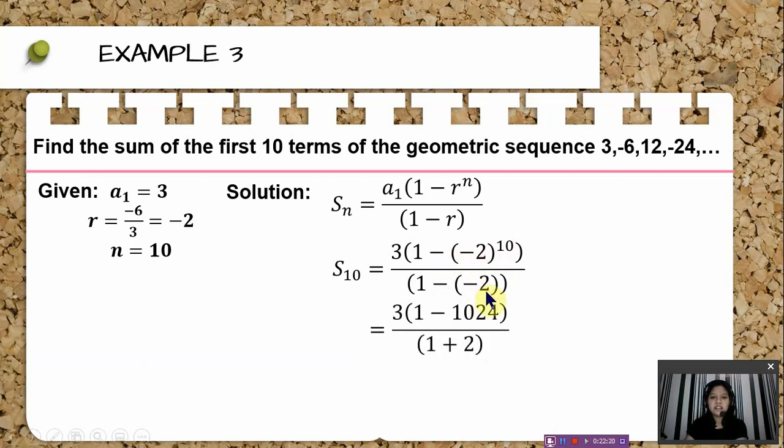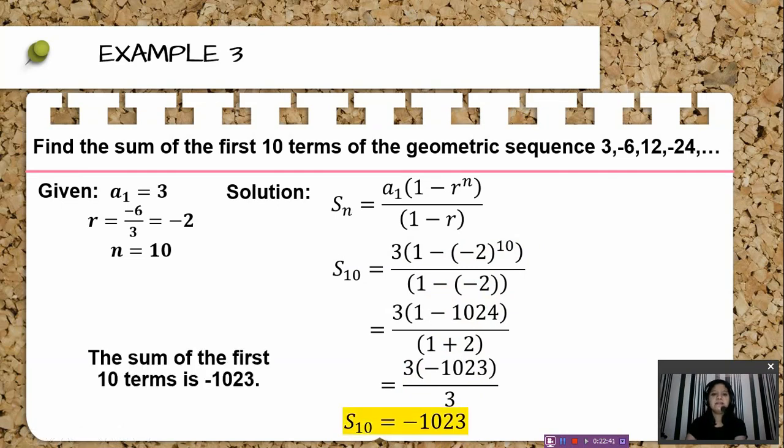Simplifying the expression, we will get 3 times 1 minus 1024 over 1 plus 2. 3 times negative 1023 all over 3. So just cancel 3. We will get S sub 10 is equal to negative 1023. Therefore, the sum of the first 10 terms is negative 1023.